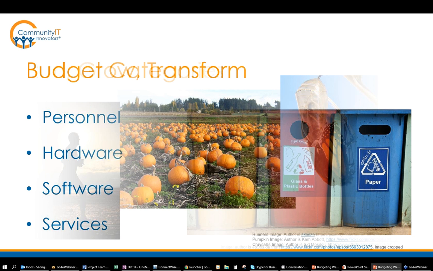It's not really important to us which one you choose, but it's very important to be consistent across your budget from year to year. Another example, real briefly, is software as a service, such as Office 365. Is it a software, or is it an actual service? Again, it's not really important to us, but consistency is what's imperative.